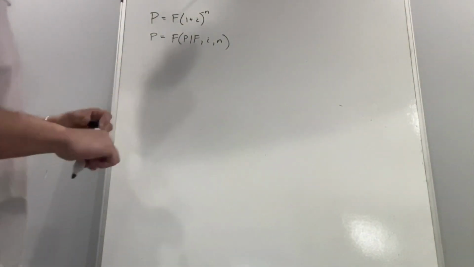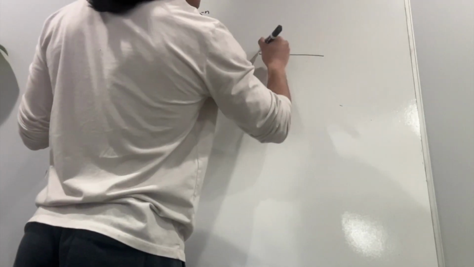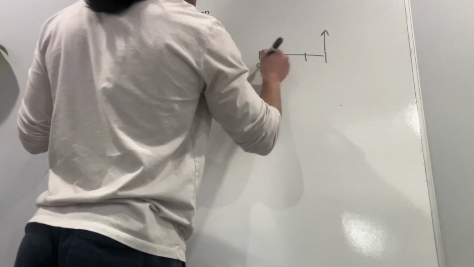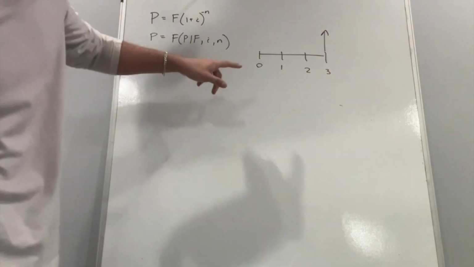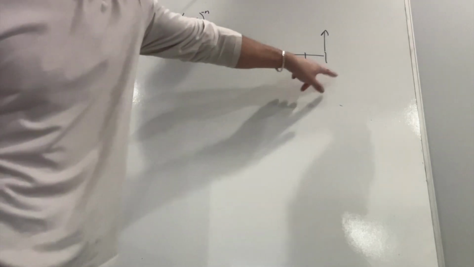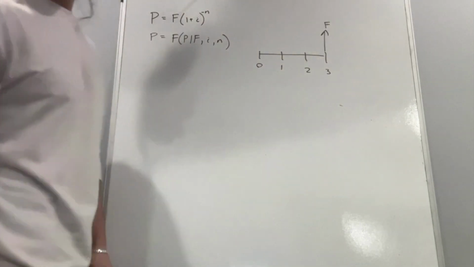And so usually a simple question would be like, given 0, 1, 2, 3, so given 3 years, right? So this is present, 1, 2, 3, and this is F amount of dollars.